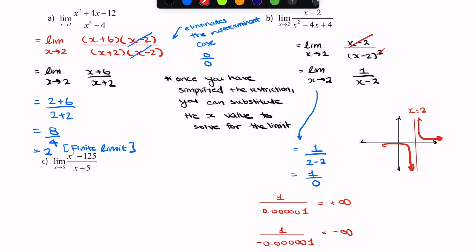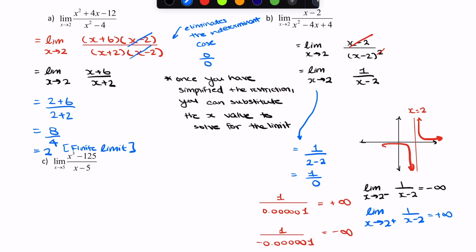And if we look at that, the limit as x approaches 2 from the left of the function 1 over x minus 2 will be negative infinity. However, the limit as x approaches 2 from the right of 1 over x minus 2 will be positive infinity.